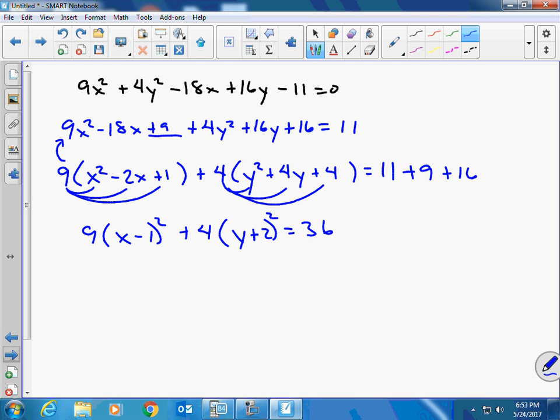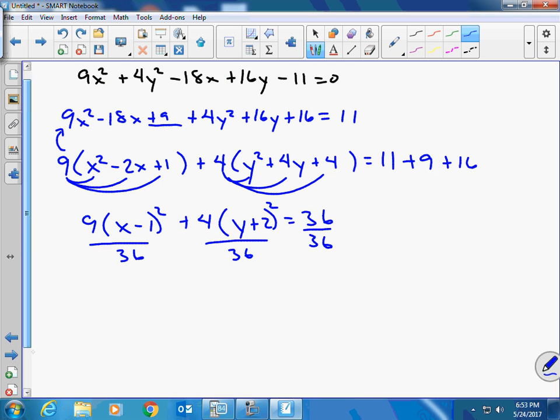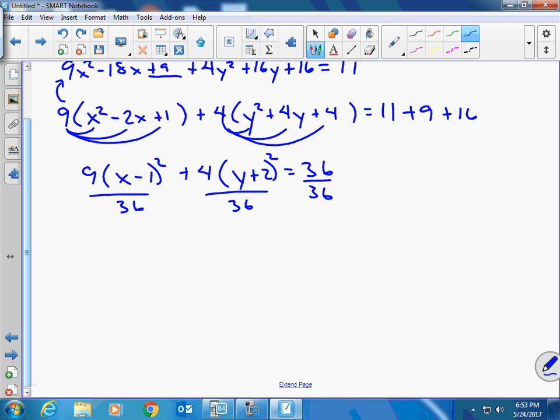How do I make a 36 a 1? I divide everything by 36. So the 9 goes into 36 once and 4 times. So I end up with x minus 1 squared over 4, and I get y plus 2 squared over 9 equals 1.